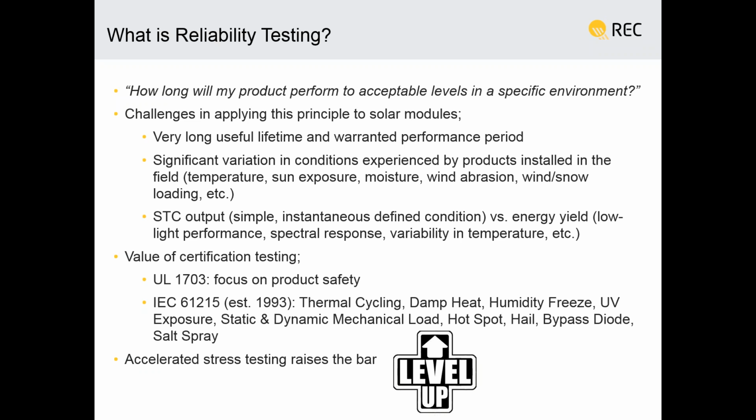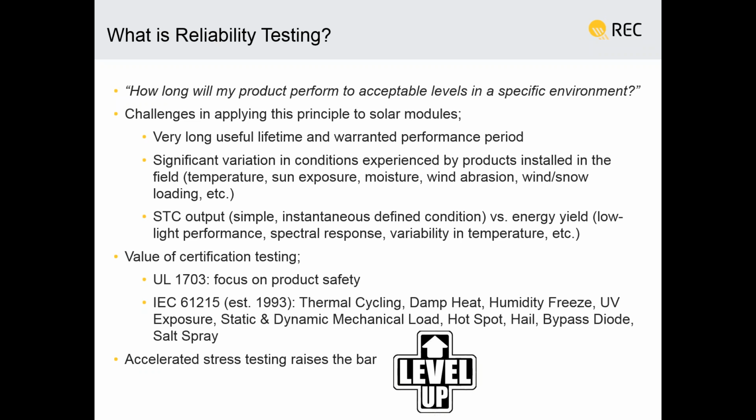On the plus side, the simplistic element of a solar module is that it exists to produce energy. It converts photon energy from the sun into electrical energy that we can harness. It's not a wide variety of applications. It's not a whole bunch of different functionalities. It is really just one thing, so that's good.